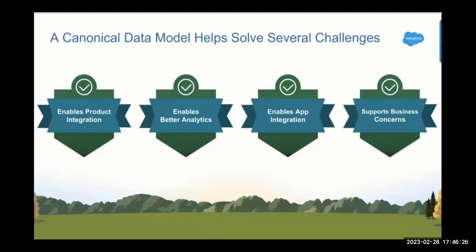When you look at your canonical data model, it helps you solve several challenges with different systems of record. It helps you with product integration. You can integrate your B2C Commerce Cloud product and transactional data into your Data Cloud. That gives you a lot of comfort to ingest different sets of tables like sales orders, customers, sales history, purchase history, and your abandoned cart data.